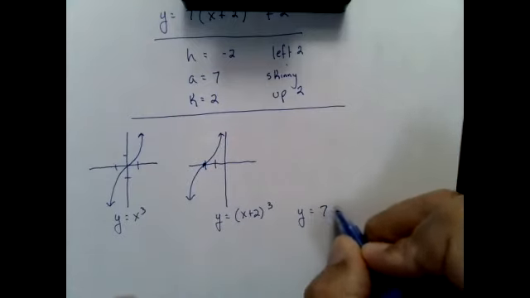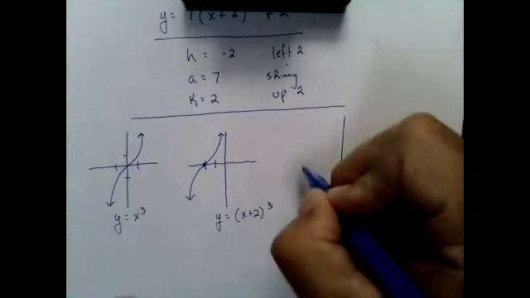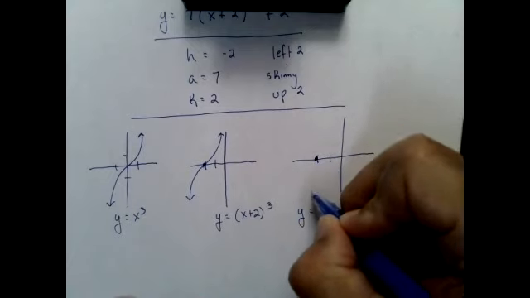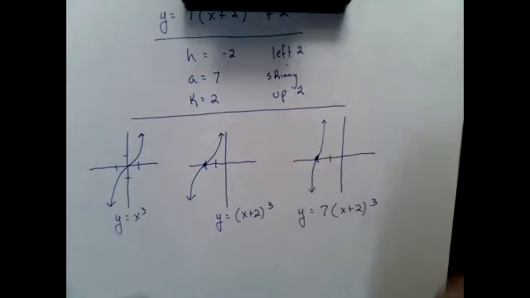Y equals 7 times x plus 2 cubed. I'm still over here 2, but it goes really fast. Really fast.